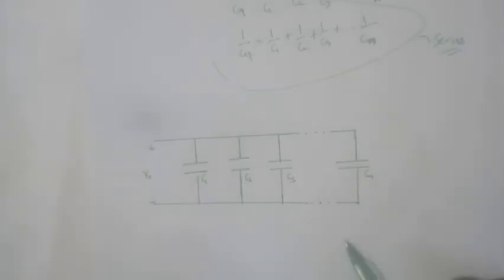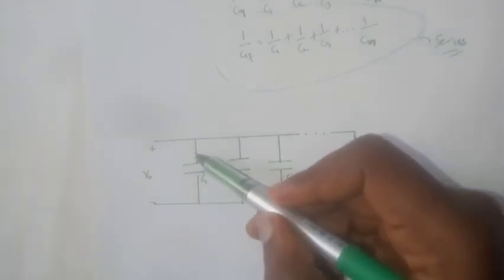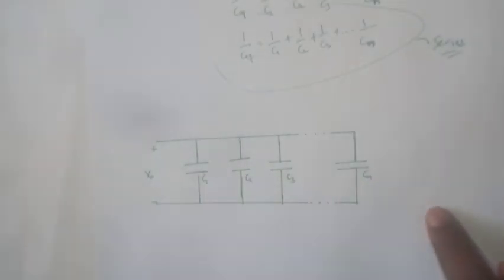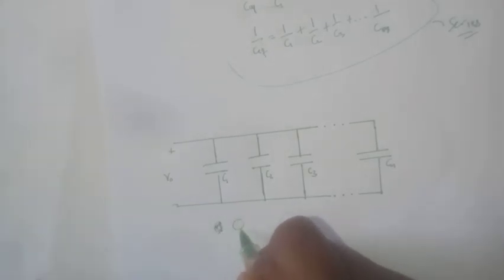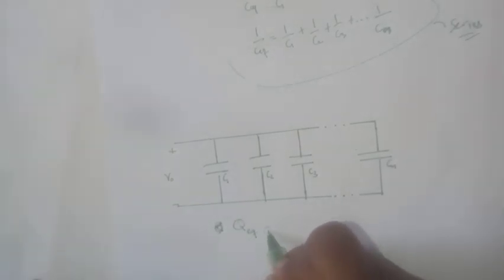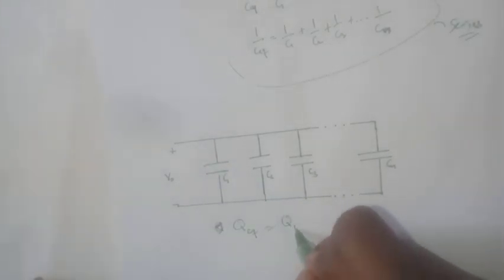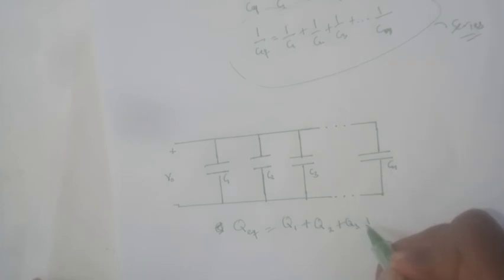Now, if you have to figure out the value of the equivalent capacitance in parallel, we know that the charge across each capacitor will be different, because each one gets charged differently, but the voltage across their terminals will be all the same. So we can say that QEQ, the total charge on the equivalent capacitor, will be equal to Q1 plus Q2 plus Q3 plus Qn.